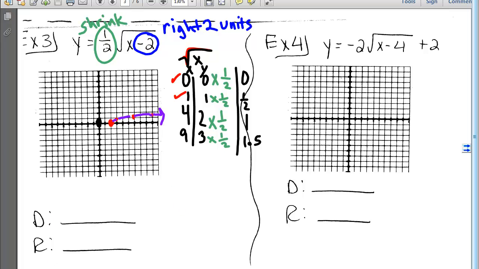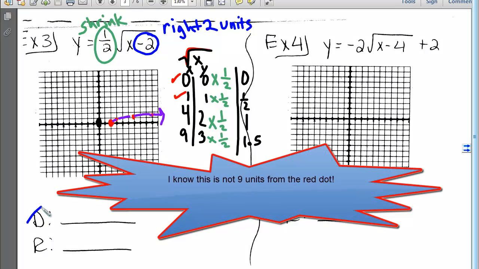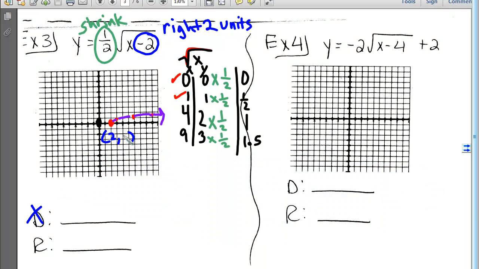The domain. The new starting point is 2, 0. It will end in positive infinity. My x values are going from 2 to positive infinity, so x is greater than or equal to 2.